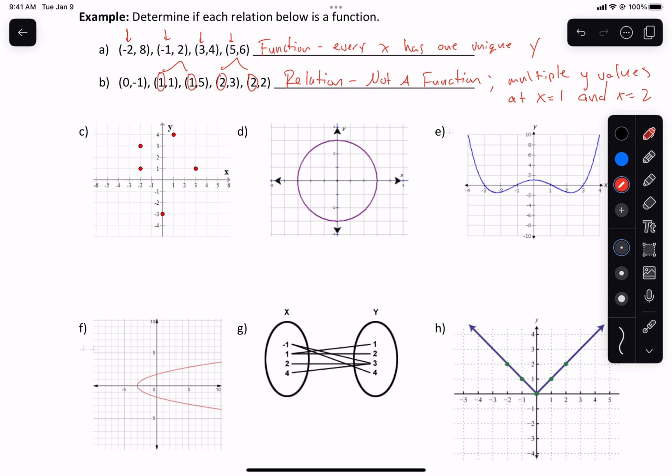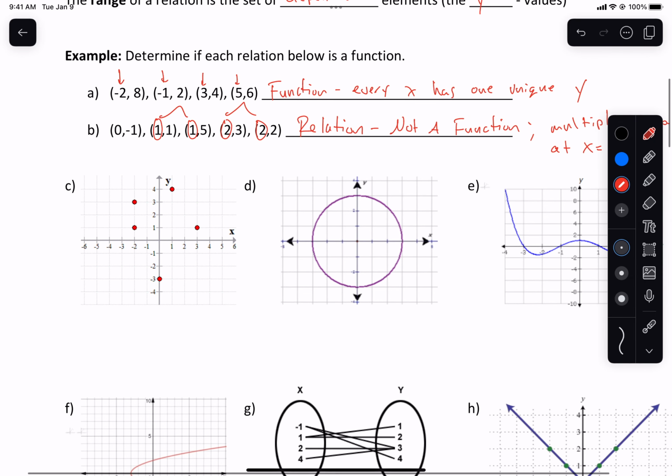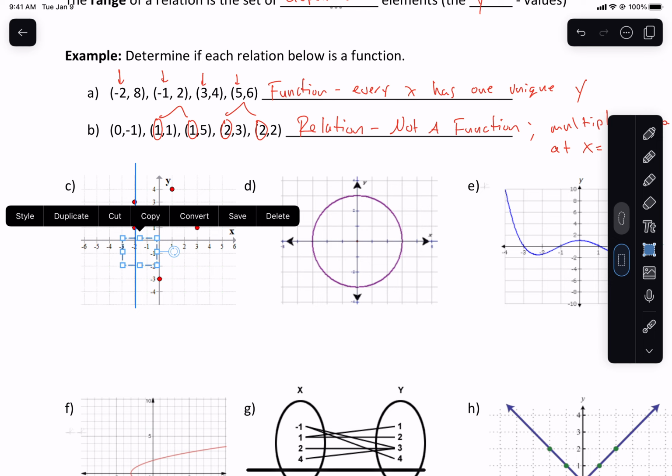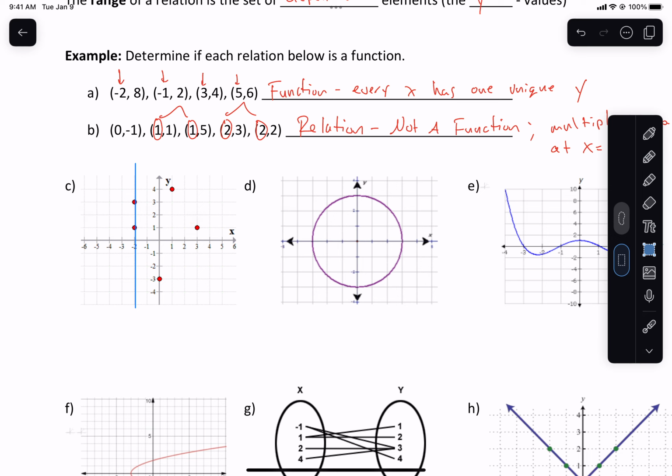So, for instance, let me use the blue. The vertical line test is exactly as it sounds. You draw a vertical line on your graph, on your relation, and you test whether or not 2 points touch that vertical line. If 2 points touch that vertical line, it means that at that particular value, in this instance x equals -2, at x equals -2, I have two different y values.